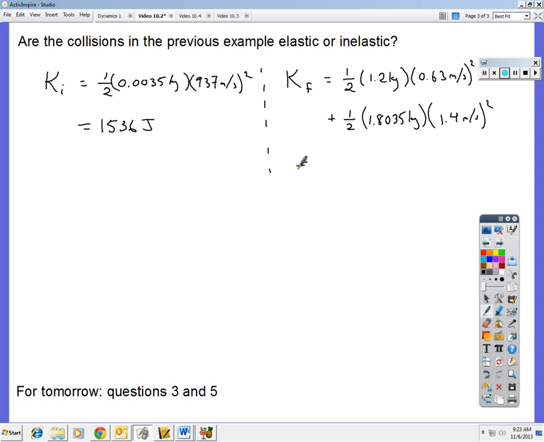And this works out to only 2 joules. So it is a highly inelastic collision. Something like 1,530 joules was lost.